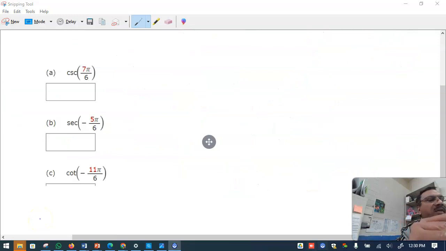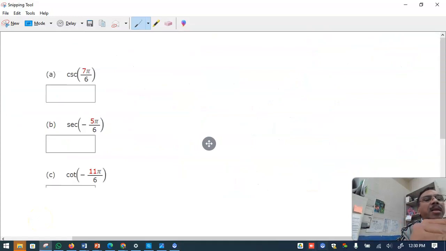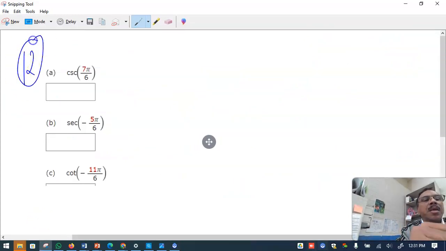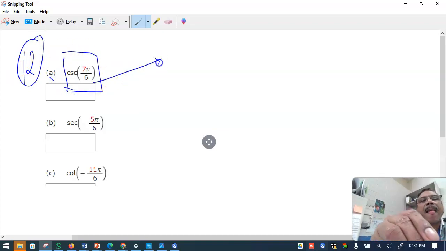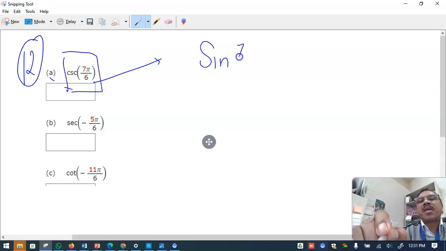Okay, this is problem number 12, practice problem. The first one is asking what is cosecant of 7 pi by 6. So I will just figure out first what is sine of 7 pi by 6. And you can clearly see that there's a pi by 6, so your reference angle is already pi by 6.